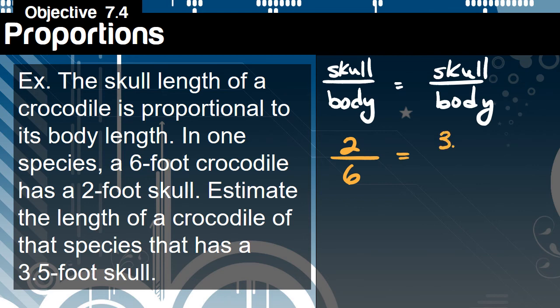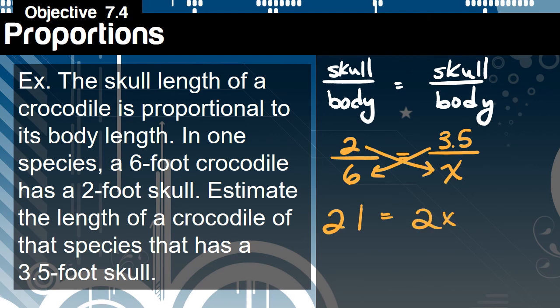So let's put 3.5 on the top and x on the bottom. We're trying to figure out how long this crocodile is. I do not want to meet this crocodile. Sounds kind of scary to me. So here we go. We have 3.5 times 6 gives us 21, which is going to be equal to 2x. So we just set up our equation. Let's get x by itself.